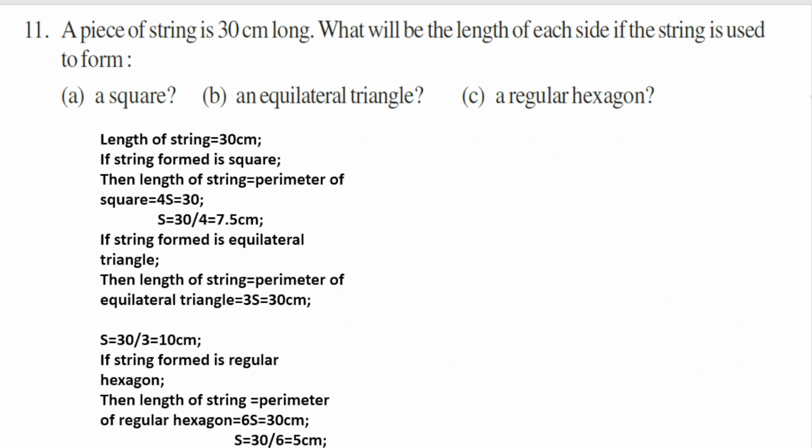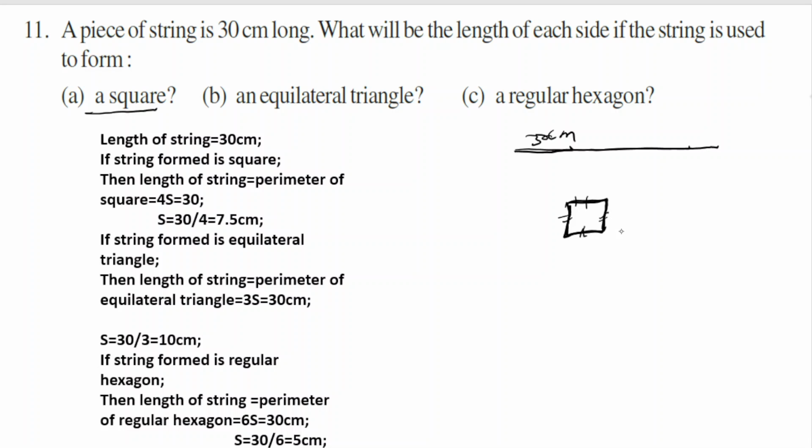And coming to the next one, a piece of string 30 centimeters long. What will be the length of each side if the string is used to form a square? Suppose this is the string having 30 centimeters length and this string is used to form a square. So the length of this string is nothing but the perimeter of the square. In a square all the sides are equal and this much wire is used to form this square.